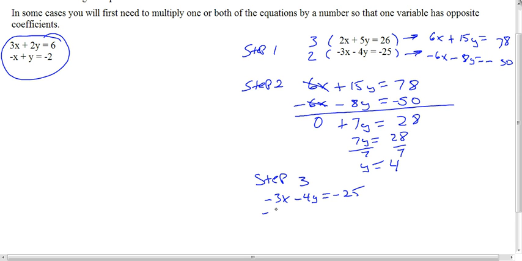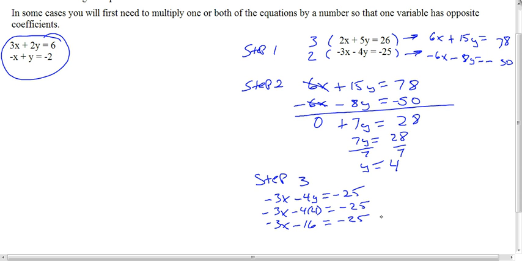That'll give me negative 3x minus 4 times 4 is equal to negative 25. Negative 3x minus 16 is equal to negative 25.